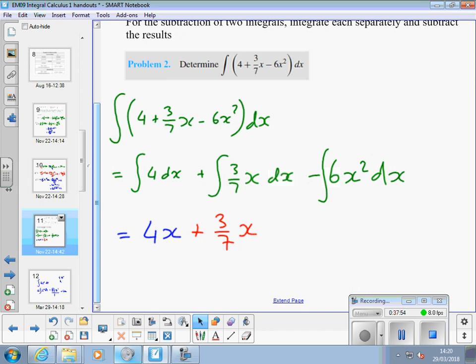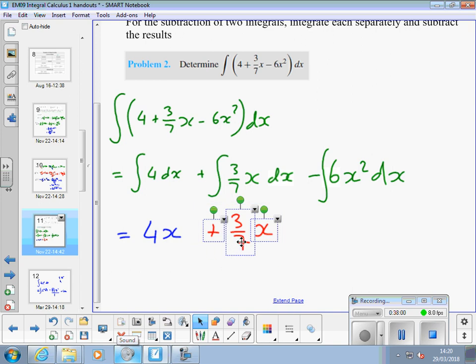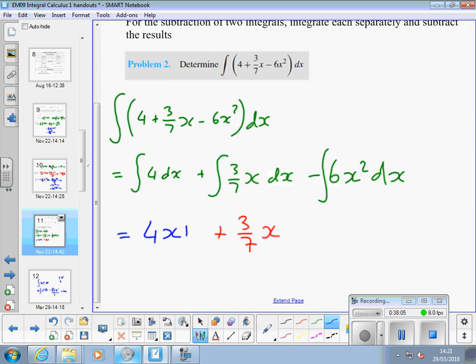I just want to do something else at the moment. What have I missed out from these integrals separately? Over 2.